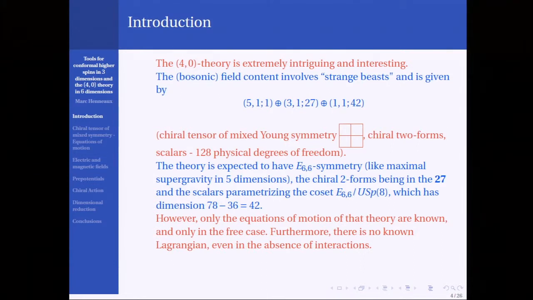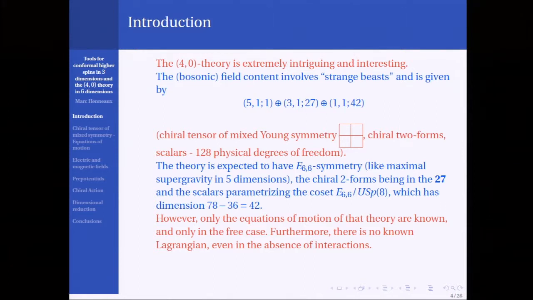This theory is very interesting because it involves strange fields, which, as we will see, are related to the graviton, although it's not the standard description of the graviton. What is known about this theory are the equations of motion. They are known in closed form, but only in the free case.